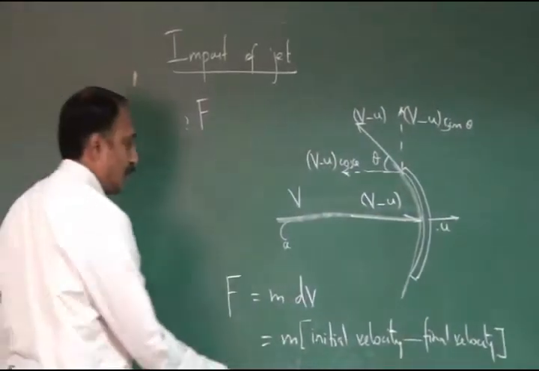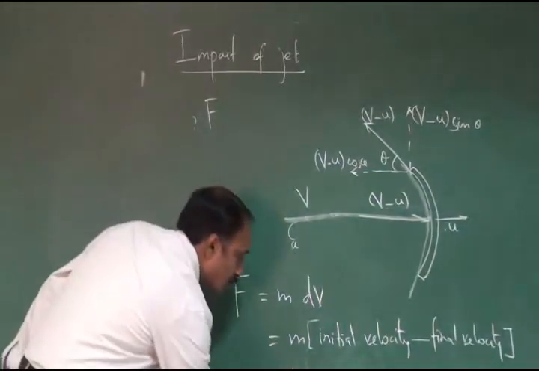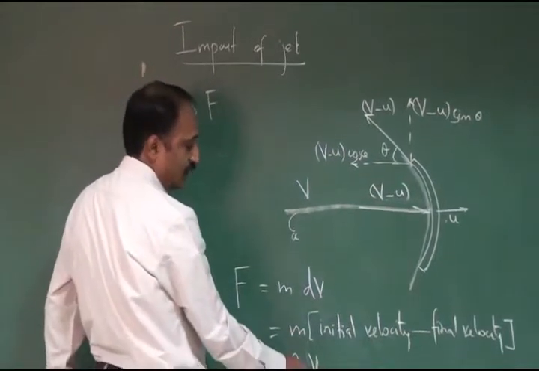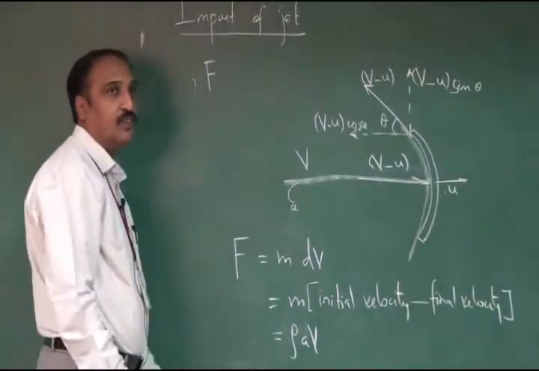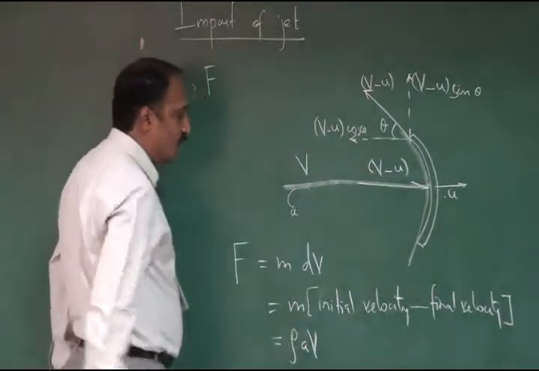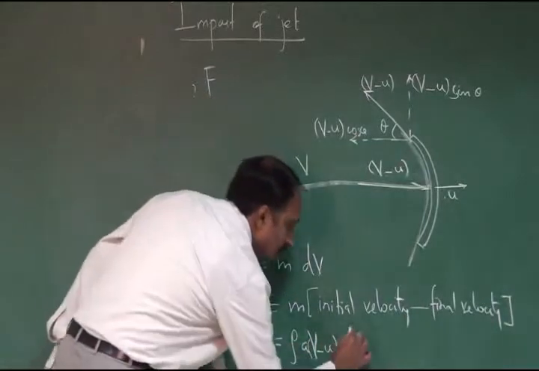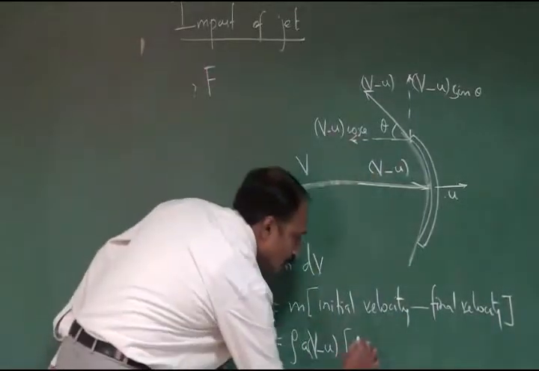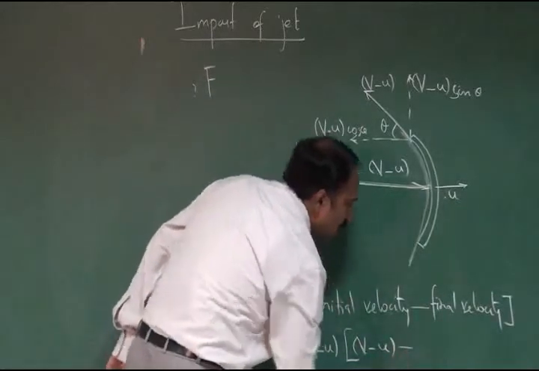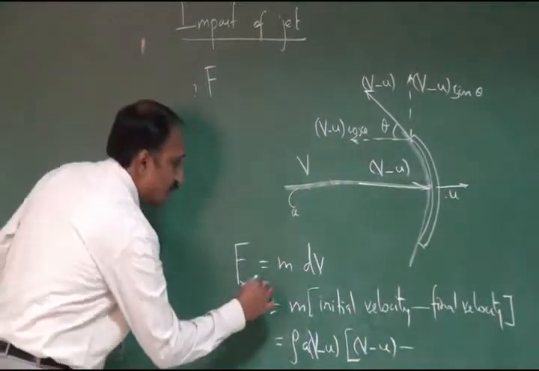Replace the mass in terms of density: rho A V, where rho is the density of the water, A is the cross-sectional area of the jet, and V is the absolute velocity of the water. Here, because of the moving jet, we have to use relative velocity, so the initial velocity is equal to V minus u, and then minus the final velocity to calculate the force along the direction of the jet.